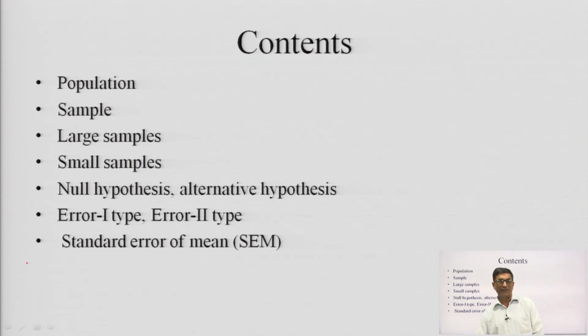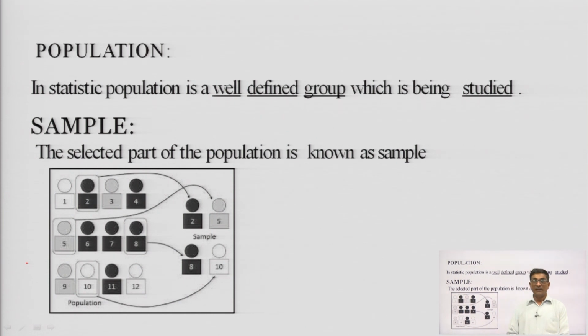So, the first term is population. In statistics, population is a well defined group which is being studied. So, population is the well defined group of subjects on which we do study, okay? And the small part of this selected population is known as sample.